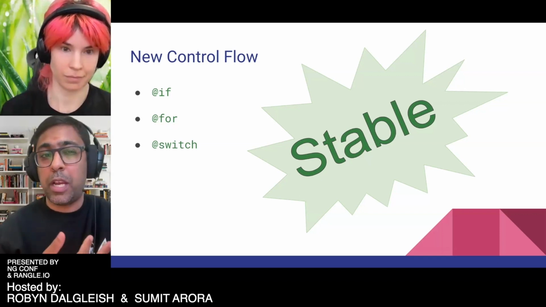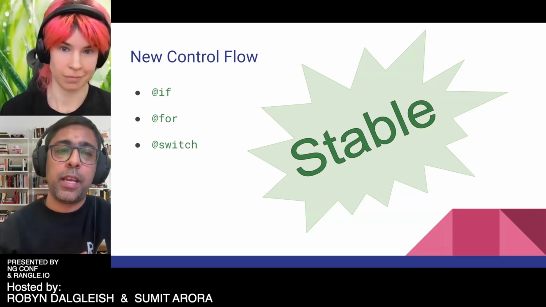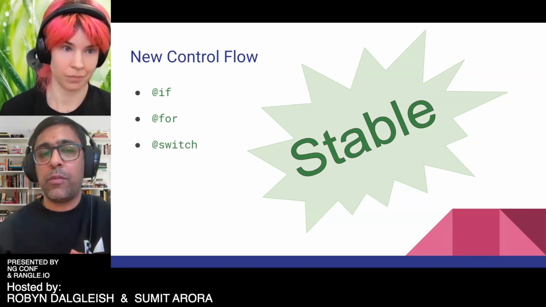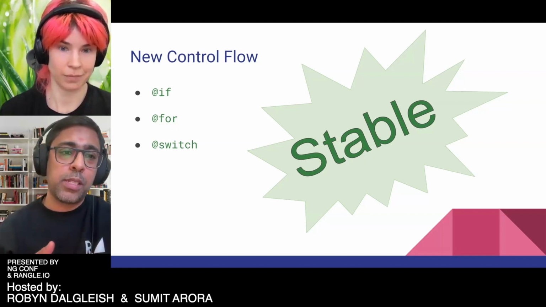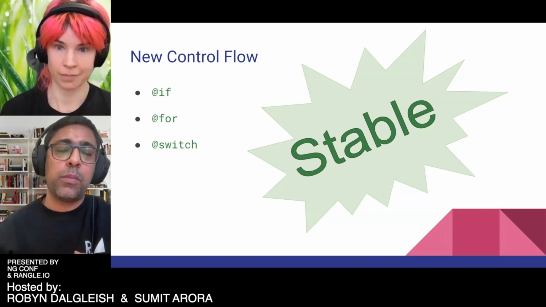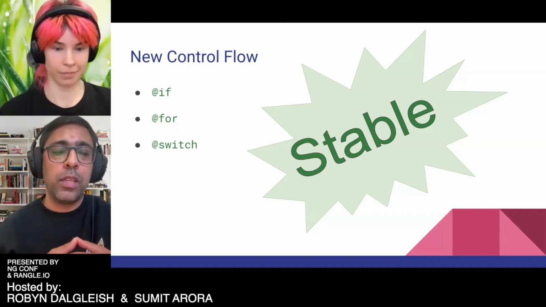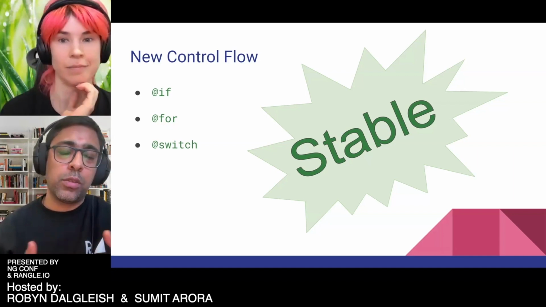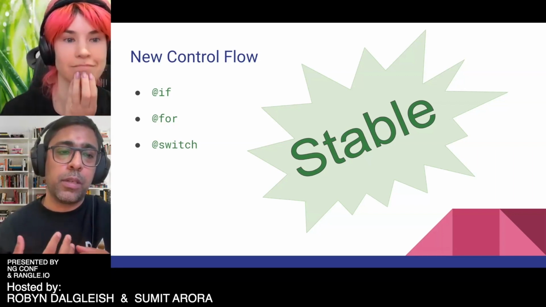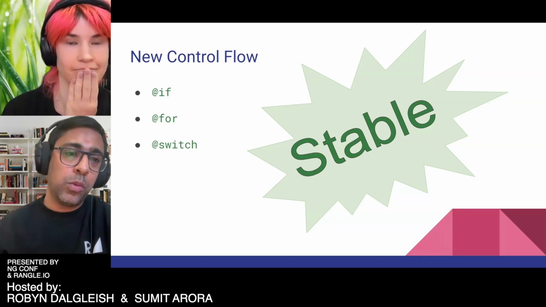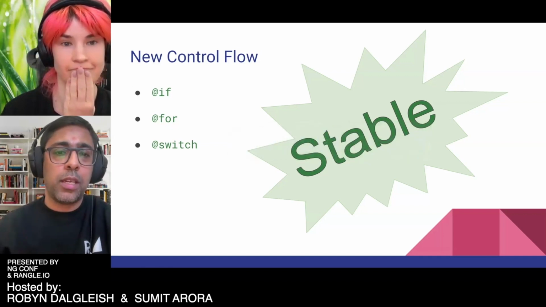Community people have been using it for a while, and with version 18 they've made a lot of improvements, and the new control flow statements are stable so that everyone can use it in your application. I do have the demo as well for that.